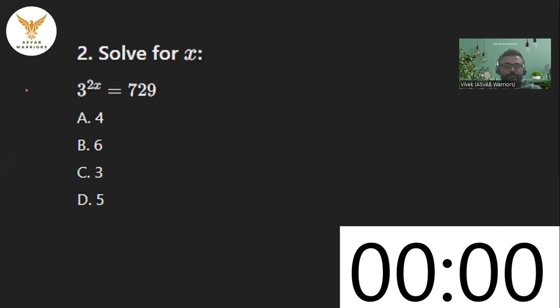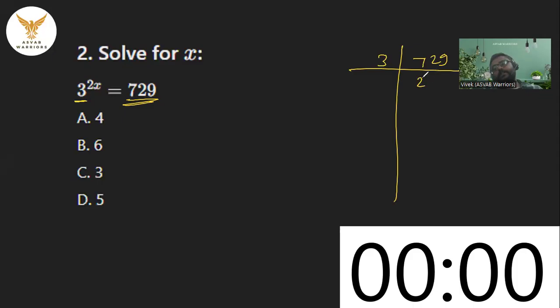Let me solve this. Whenever you get any question like this, you need to do the prime factorization. 729. Because the base is 3, we are going to get something in 3 only. Let's divide this 729 by 3.